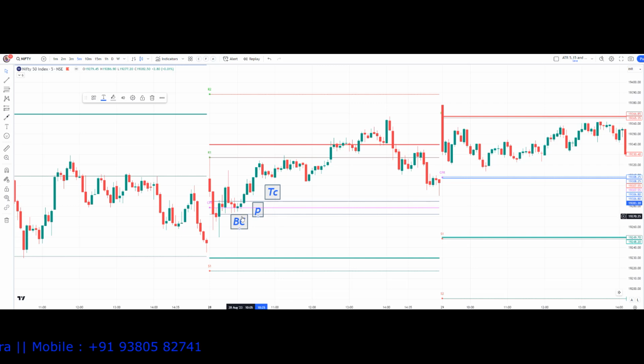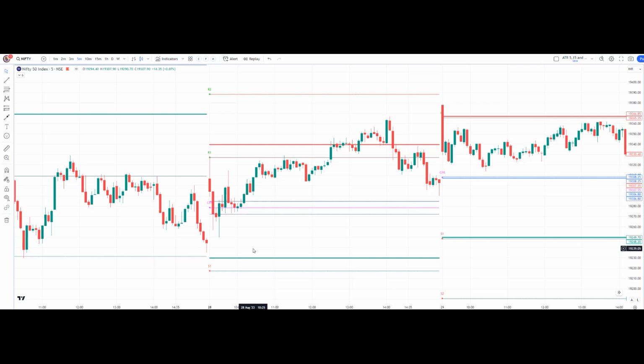If the price breaks out from the TC and the following candle breaks the high of the previous candle, one can enter into the long trade. What is the target? The target is R1, so that got achieved. Where can we place the stop loss? Below the pivot point. The stop loss didn't get hit, because before that our target got achieved. So this is how we enter into the long trade if we get a BC breakout.